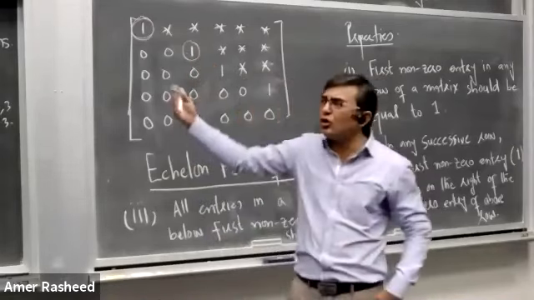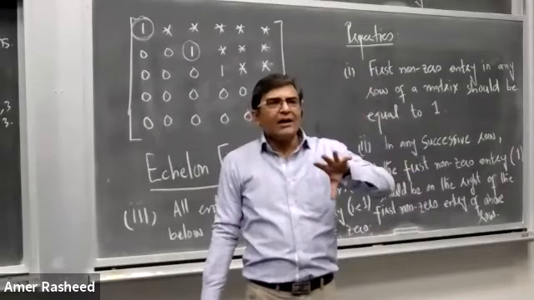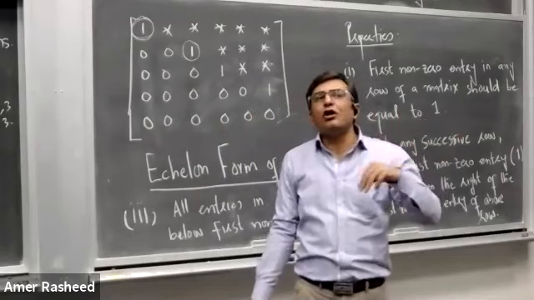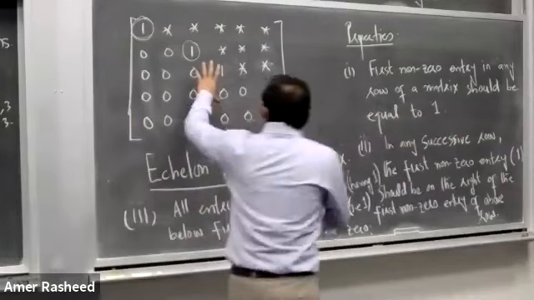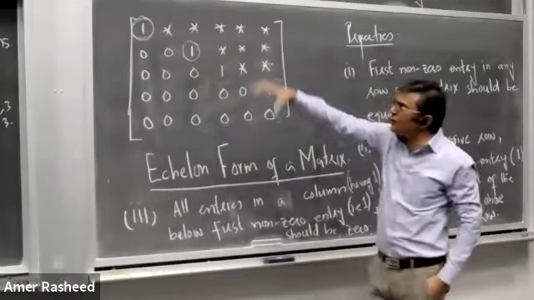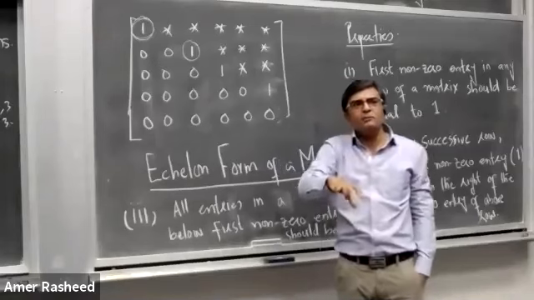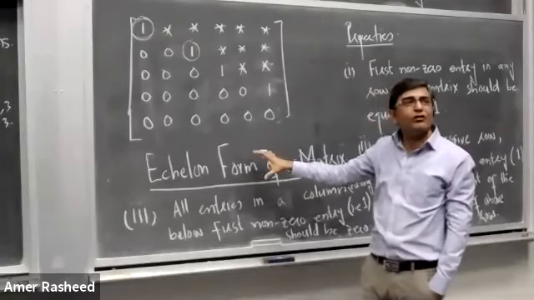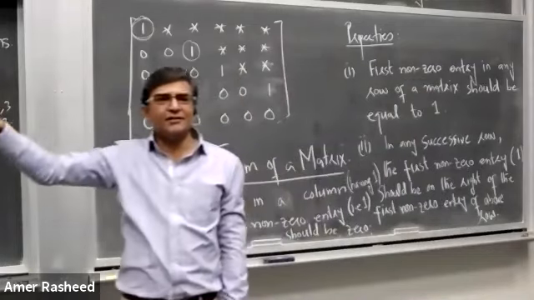After applying these row operations or equation operations, they do not change the solution of the original linear system. Now, the linear system which we can write corresponding to this augmented matrix, which has been converted into echelon form, would definitely have the same solution as the original linear system.